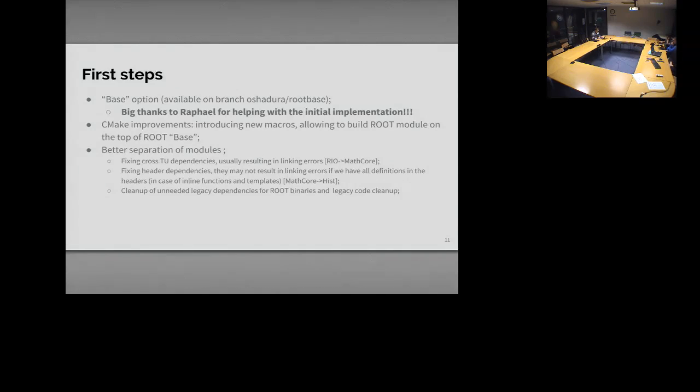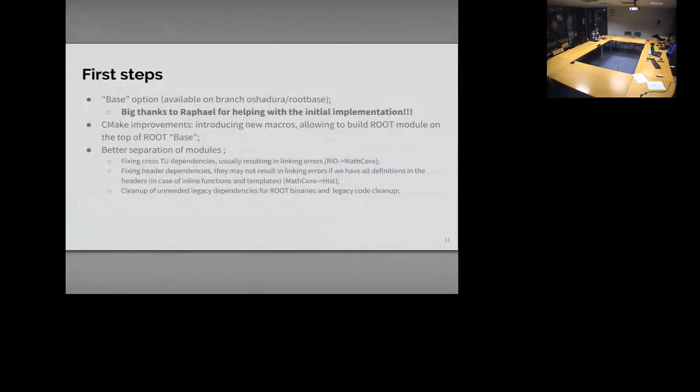Big thanks to Raphael for helping with the initial implementation. It was cool hacking together. There are a lot of CMake improvements, basically introducing new macros which allow building a root module on top of our root base. I will explain a bit later what root base actually is.